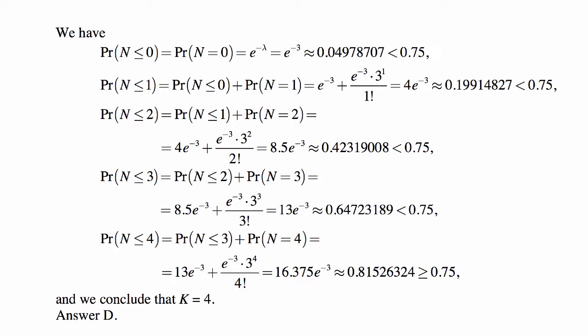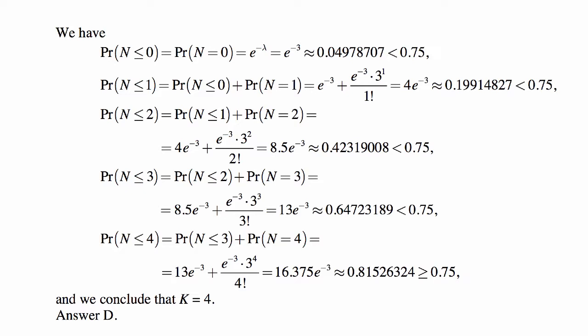Then the next value is the probability that N is less than or equal to 2, which is the previously calculated probability that N is less than or equal to 1, which was 4 e to the negative 3, plus the probability that N is 2, which is e to the negative 3 times 3 squared over 2 factorial. 3 squared is 9, divided by 2 is 4.5, so 4 plus 4.5 is 8.5.